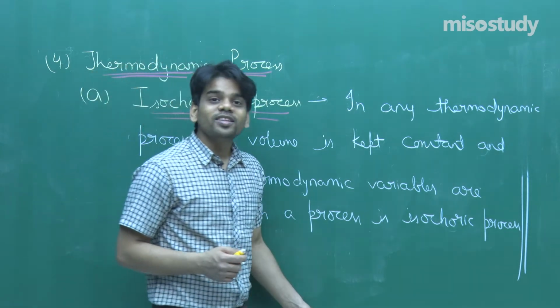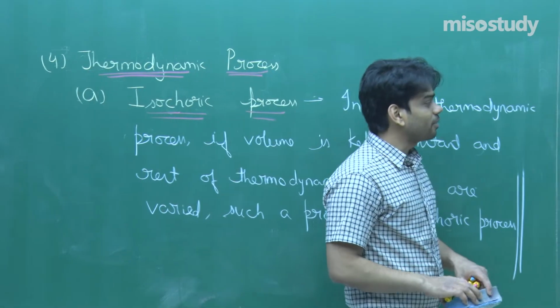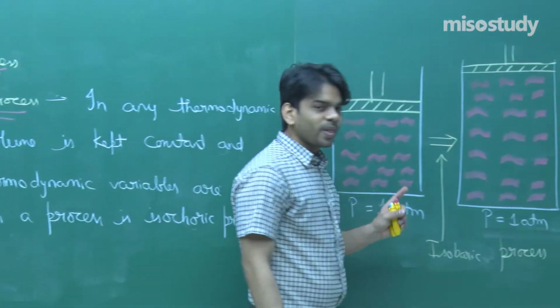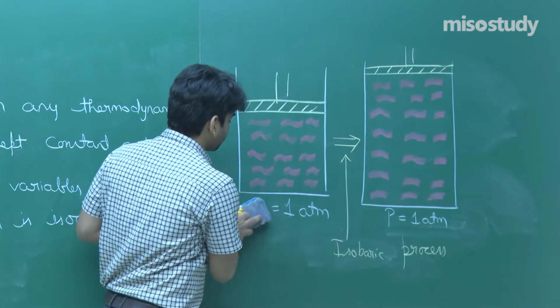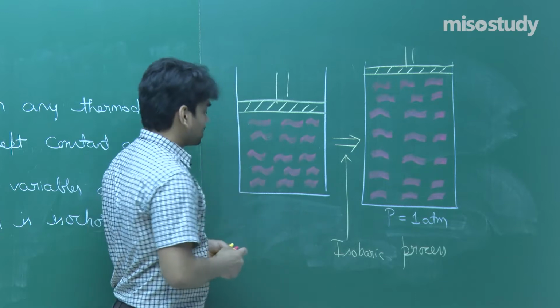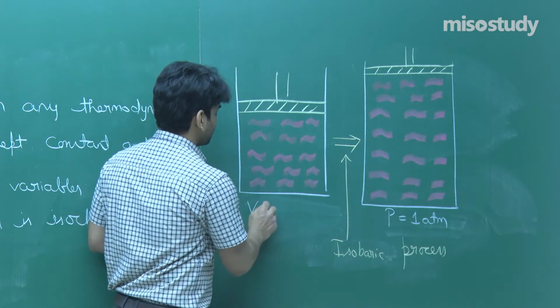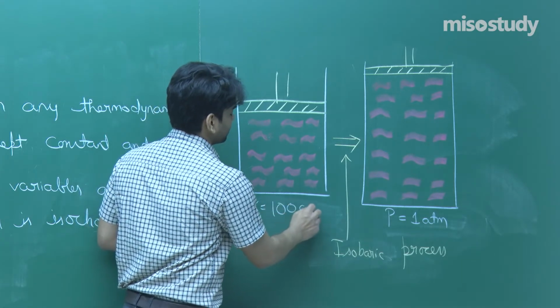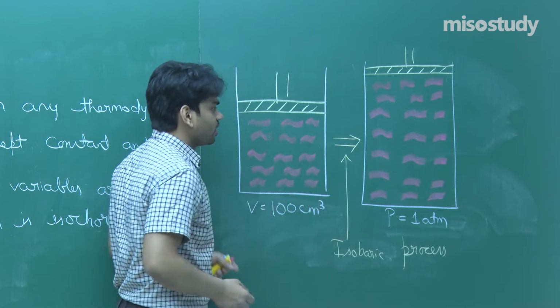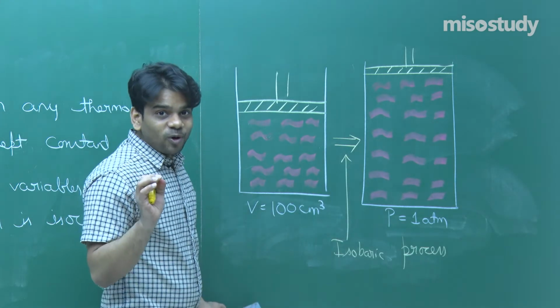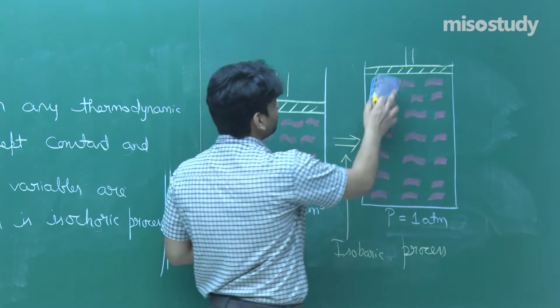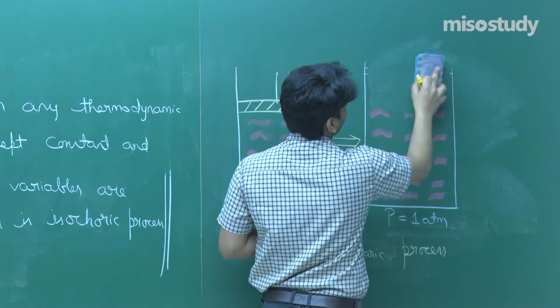So if we go with the change in the thermodynamic variables in this diagram, volume is to be kept constant. Let's say the volume is 100 cubic centimeter. No change in volume, that means we have to keep the piston at the same position.